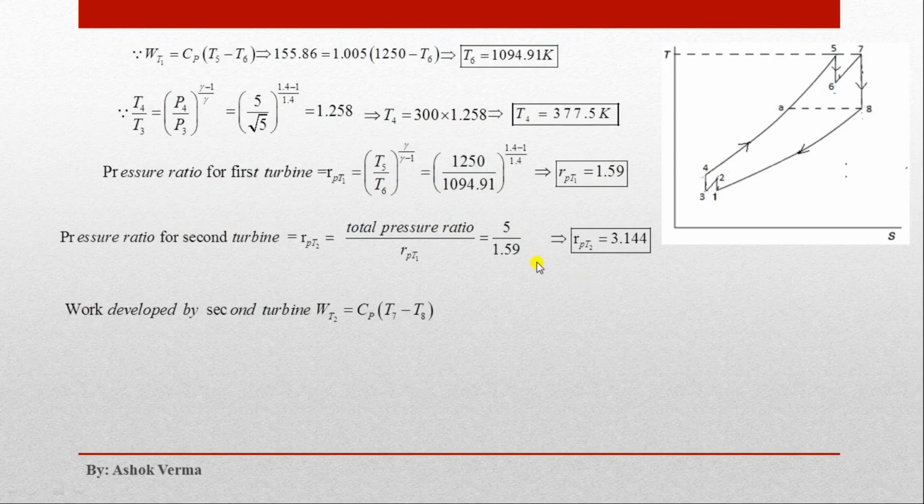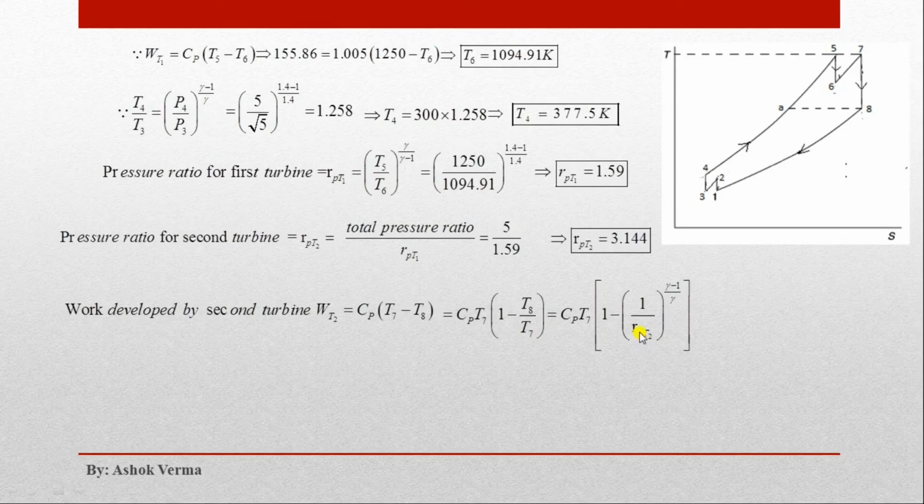So you can calculate the work developed by the second stage. WT2 will be Cp into T7 minus T8. You don't know T8, so you have to calculate T8. For this you take T7 as common, so this will be Cp into T7 into 1 minus T8 by T7.